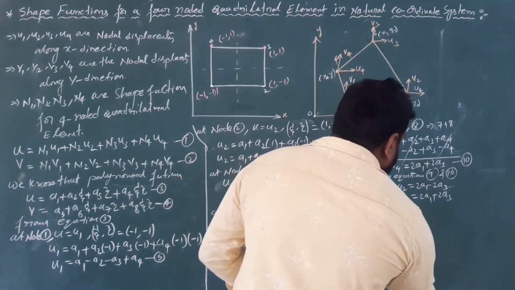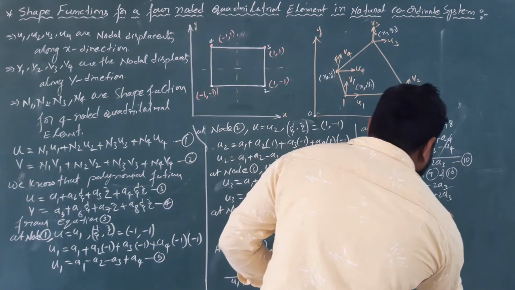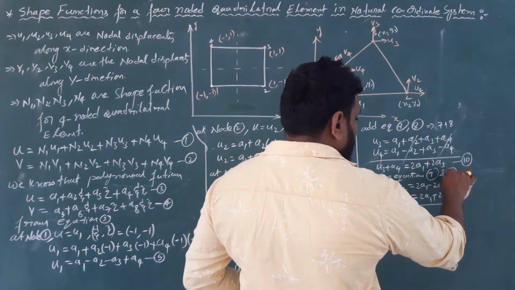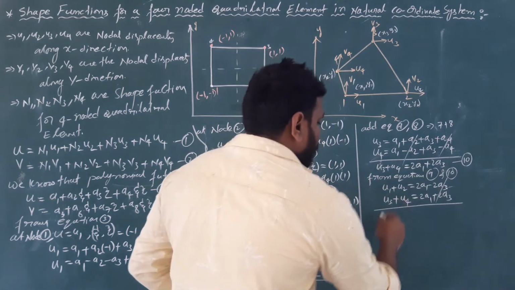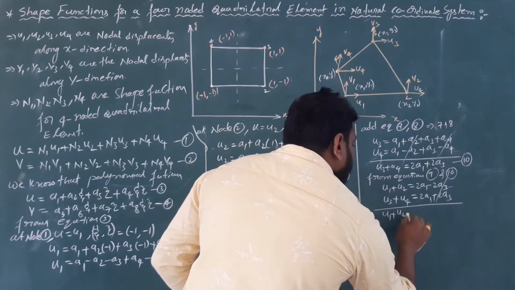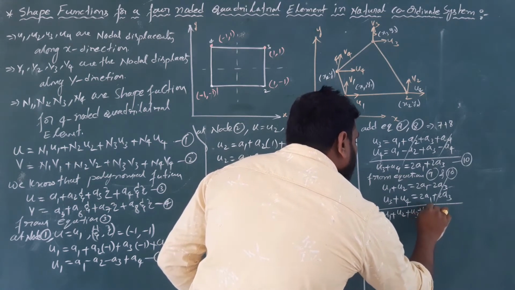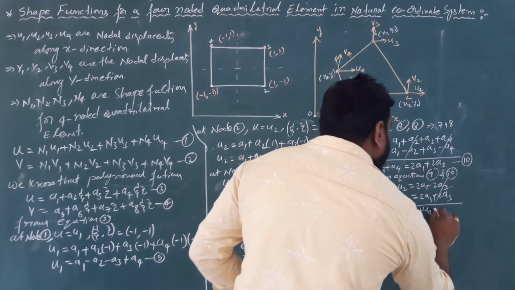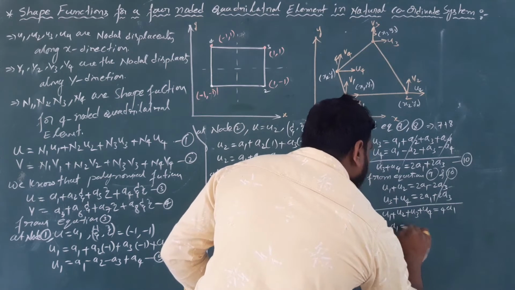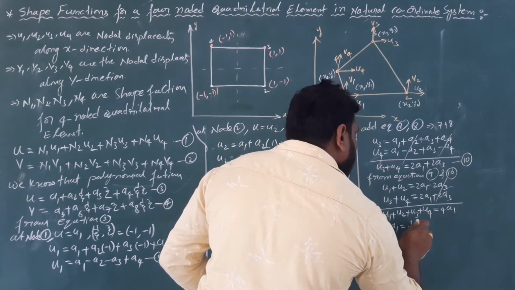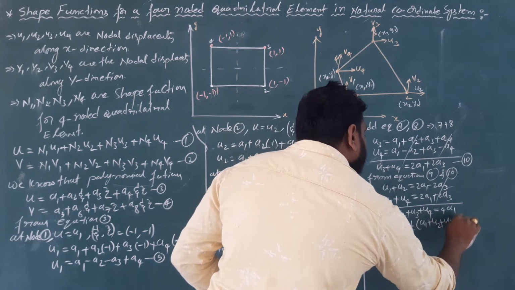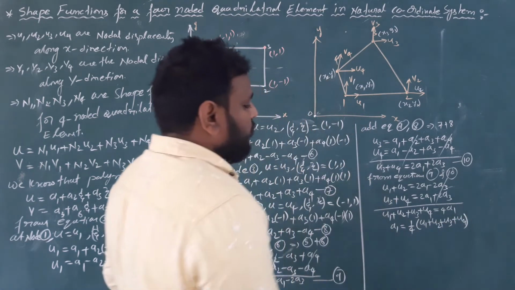Now add these two equations. After adding, 2a3 cancels. So finally we got u1 plus u2 plus u3 plus u4 is equal to 4a1. So a1 is equal to 1 by 4 of u1 plus u2 plus u3 plus u4.